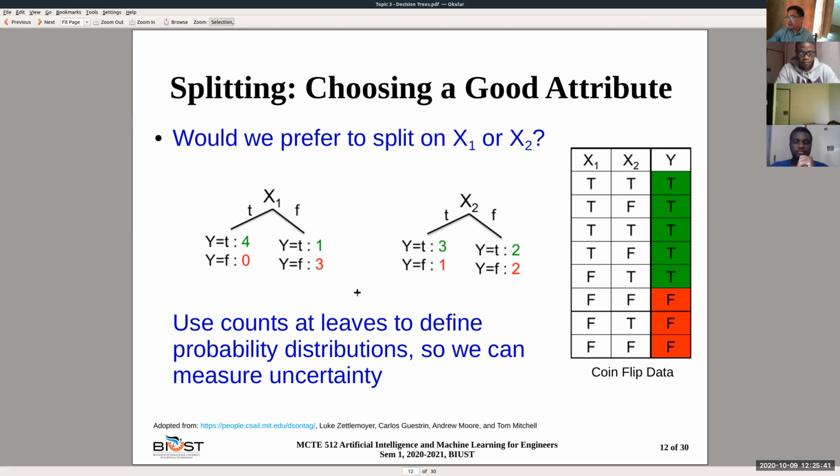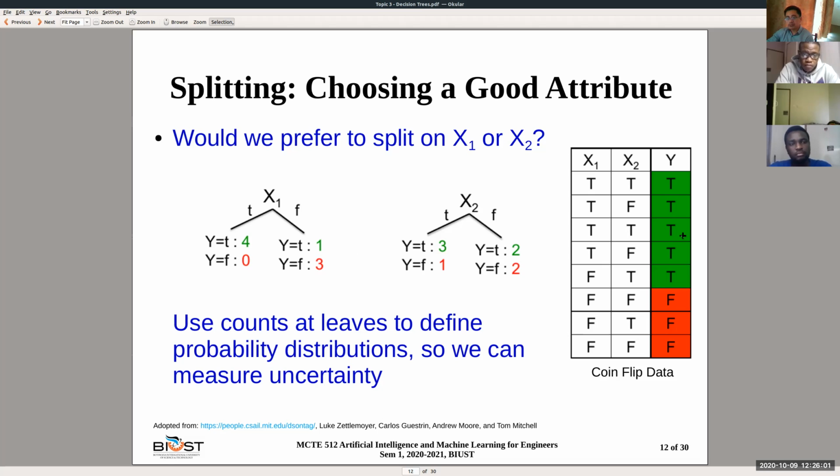So we count the leaves to determine the probability distribution, and so we can measure uncertainty. It is about measuring uncertainty and making sure that as we go forward through the layers, there will be less and less uncertainty in our prediction.